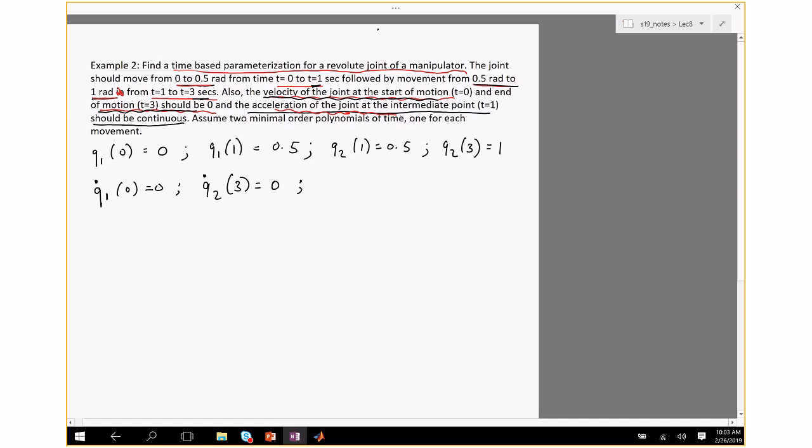And then you're told that the acceleration of the joint at the intermediate point, that is at time t equals 1, should be continuous, which means that the two time profiles should line up. So q1 double dot at time t equals 1 should be the same as q2 double dot at 1.